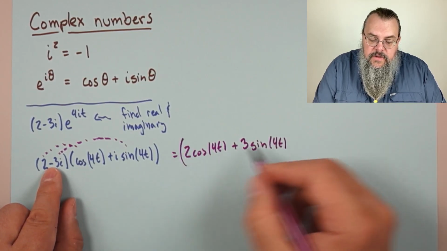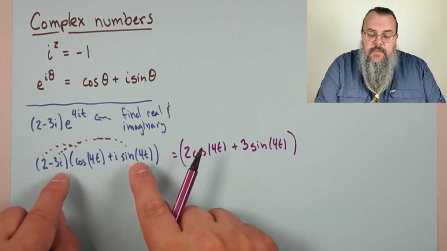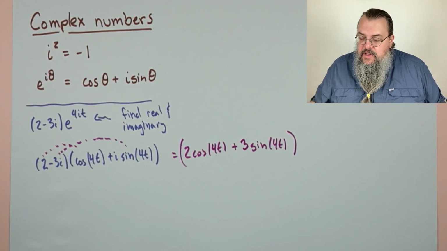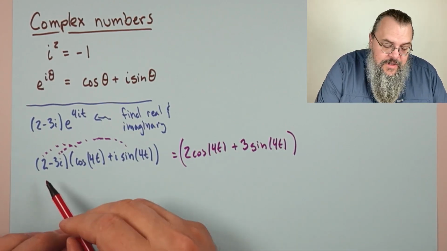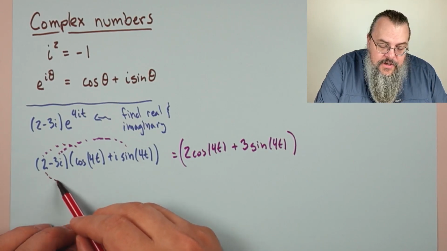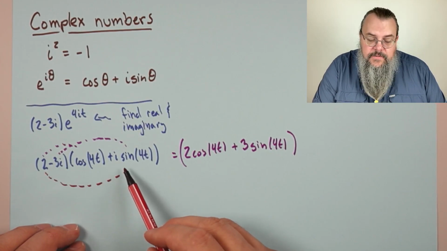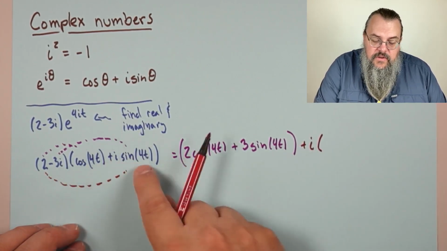All right, so we have the reals and the imaginaries, and that gives us this piece. And then, what comes next? Well, now do the outer, and that's 2i sine 4t. I'm going to factor an i out, so that's 2 sine 4t.